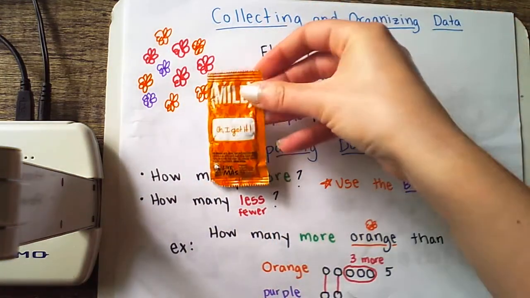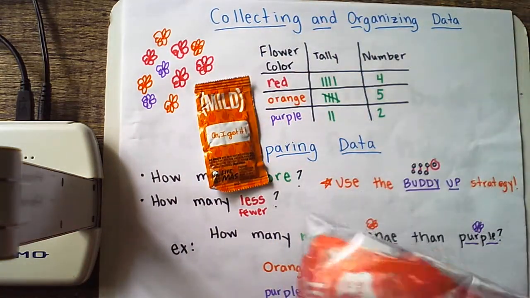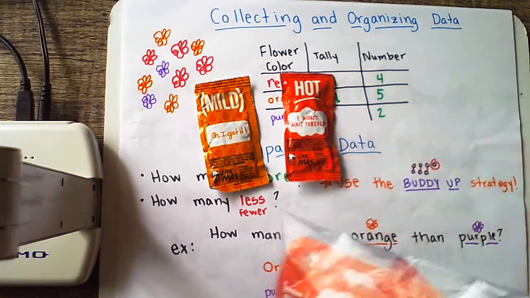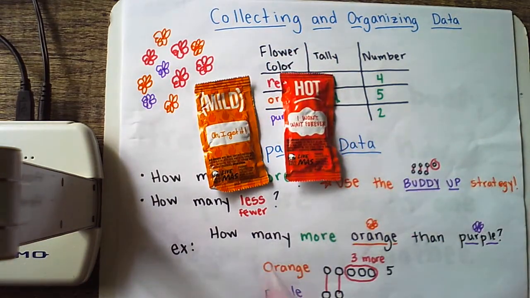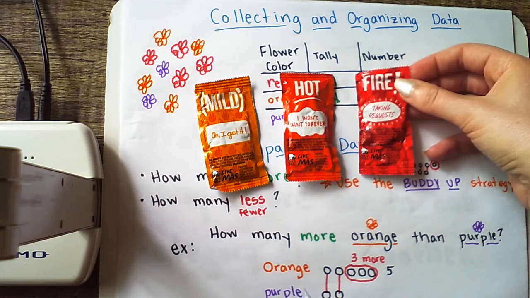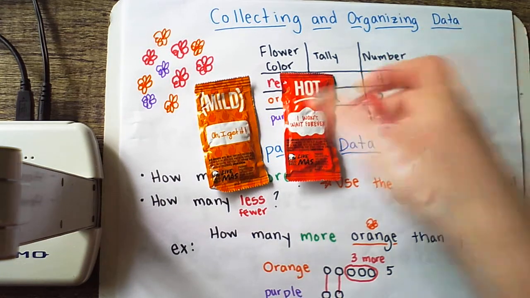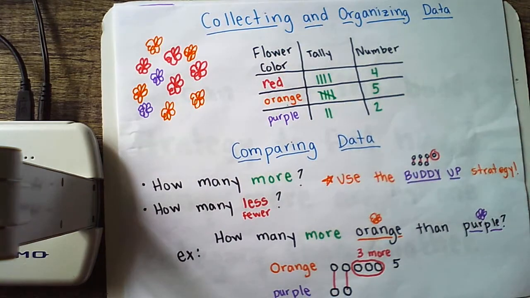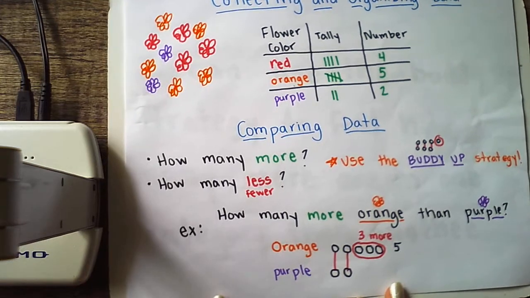Our first category was the mild sauce, our next category was the hot sauce, our last category was the fire sauce. And we organized that data and put it into a chart, which I will refer to in just a second. But today, we want to be able to compare the categories of data to find how many more one has than another. So let's take a look at our flowers.